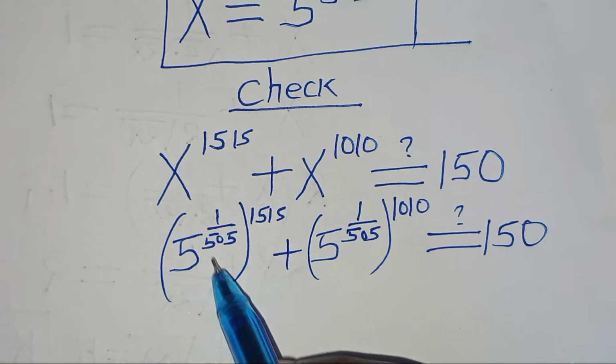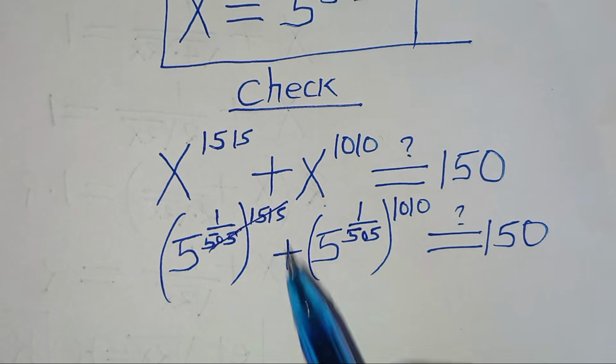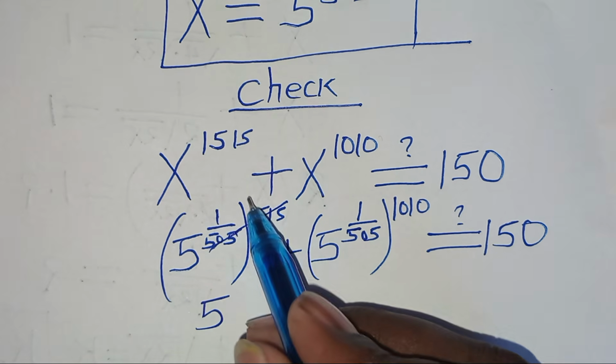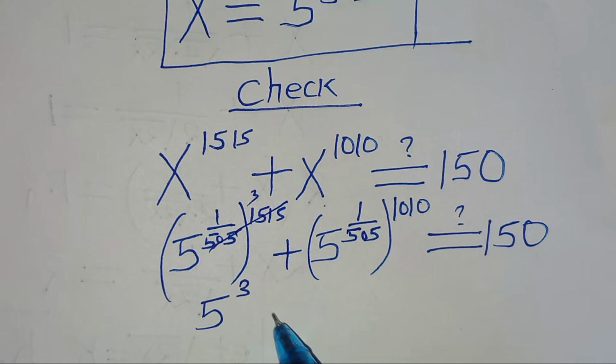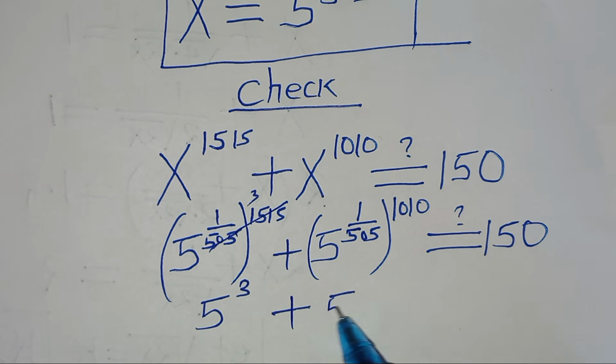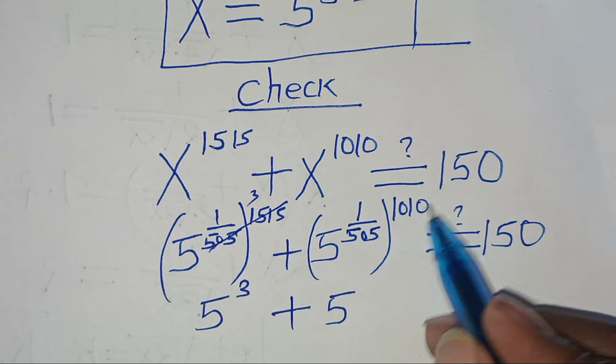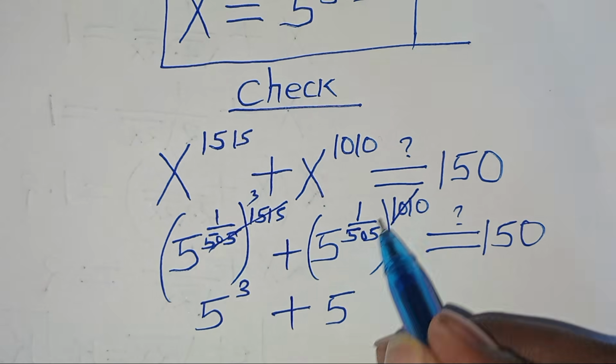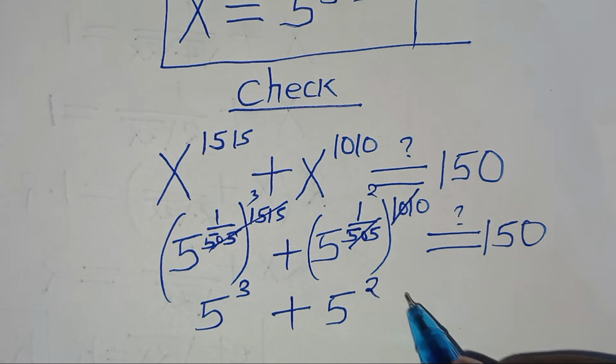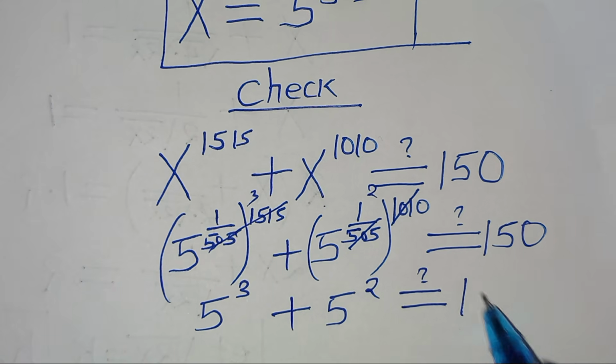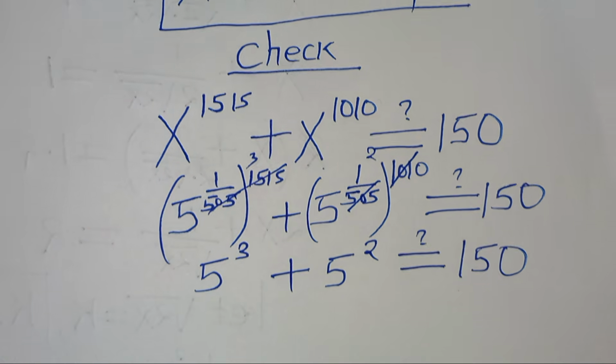So 15 divided by 505 is the same thing as 3. Here is 3. We have 5 to the power of 3, then plus 5 raised to the power of 10 divided by 505, which is the same thing as 2. So we have 5 squared. This should give us a value of 150.